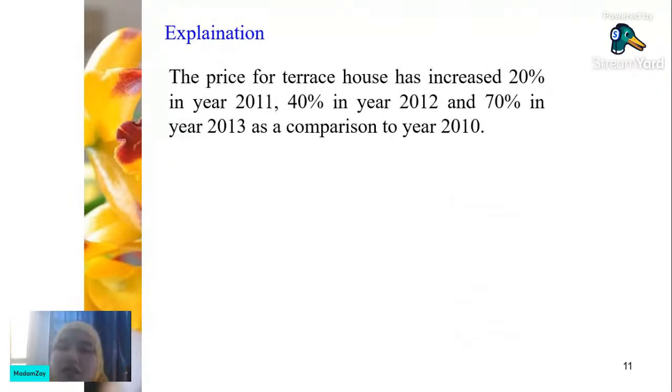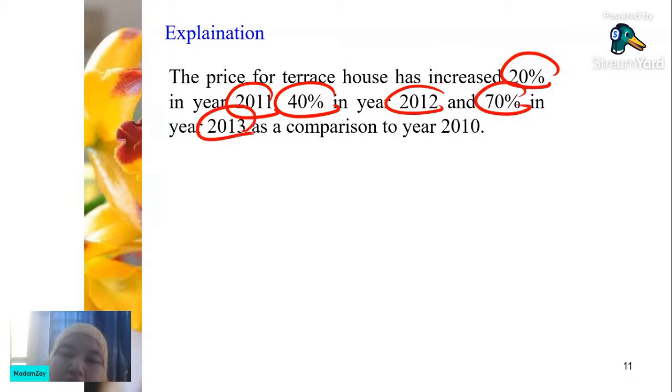So we need to do the explanation: the price of the terrace house increased by 20% in 2011, 40% in 2012, 70% in 2013 as a comparison to 2010. So you need to write the conclusion by putting the base year at the end of the sentence.